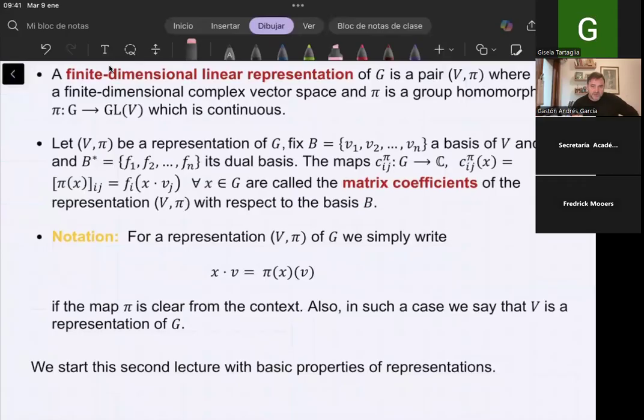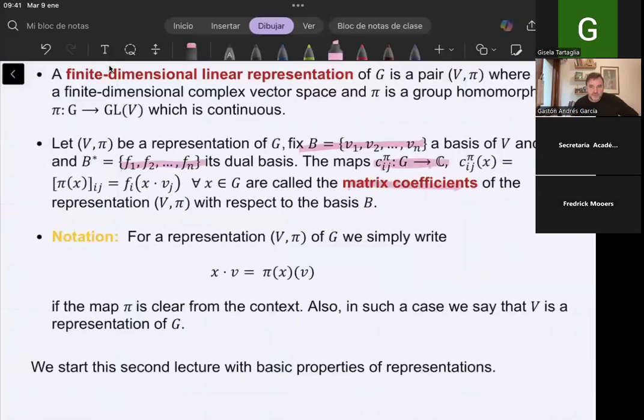Okay, so suppose we are given a representation of a group. We fix a basis of our vector space, and its dual basis. Since for any element of the group we have a linear map, and this linear map gives us a matrix in the certain basis, for this matrix we can pick up an entry, and this entry gives us a function from the group to the complex numbers, and this function is called a matrix coefficient, yes?